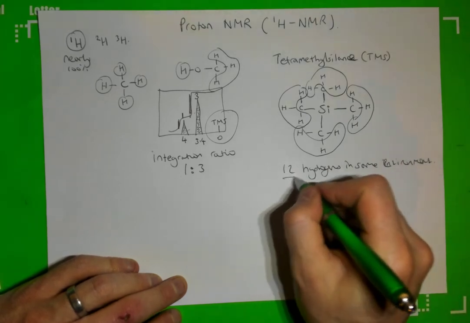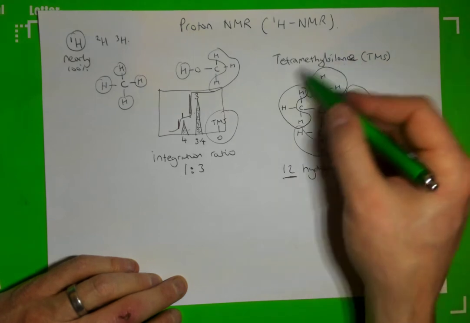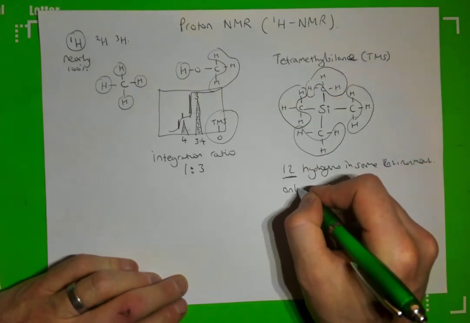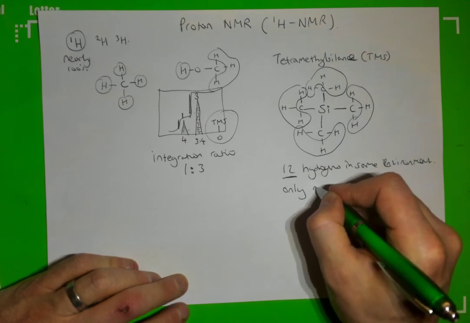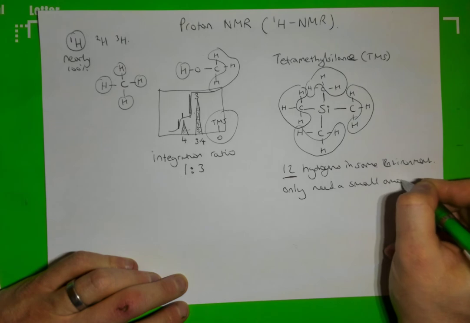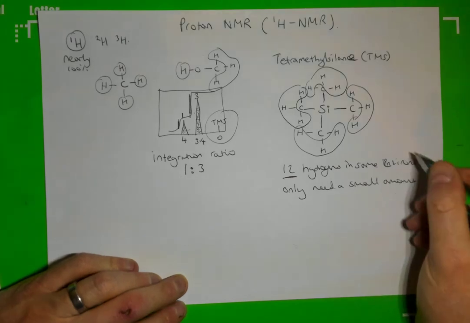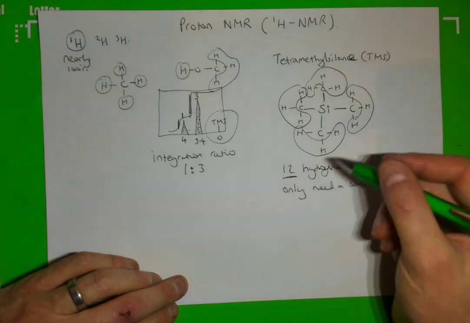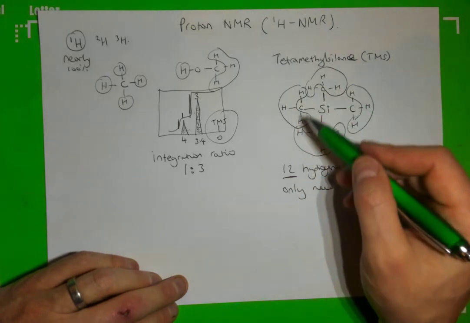Because we've got 12 hydrogens for every one molecule, we'll only need a small amount of this in our sample. A few molecules will produce quite an intense peak.